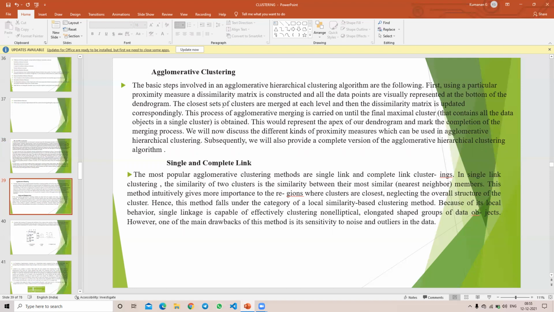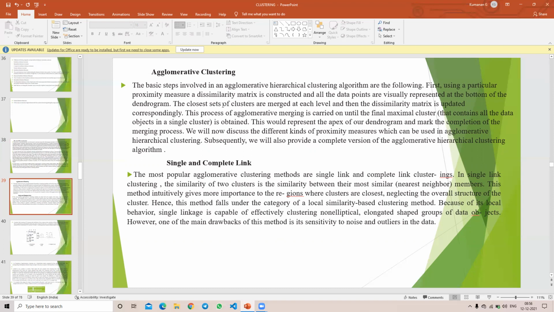What is agglomerative clustering? The basic steps involved in an agglomerative clustering algorithm are the following. First, using a particular proximity measure, a dissimilarity matrix is constructed and all the data points are visually represented at the bottom of the dendrogram. The closest sets of clusters are merged at each level and then the dissimilarity matrix is updated.